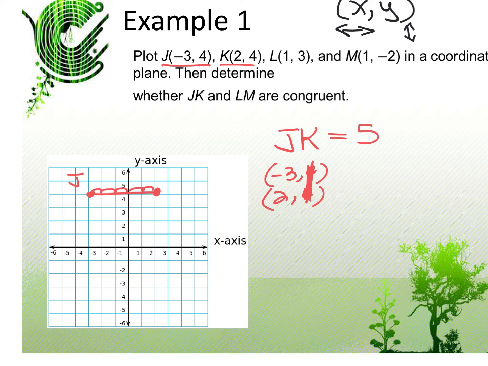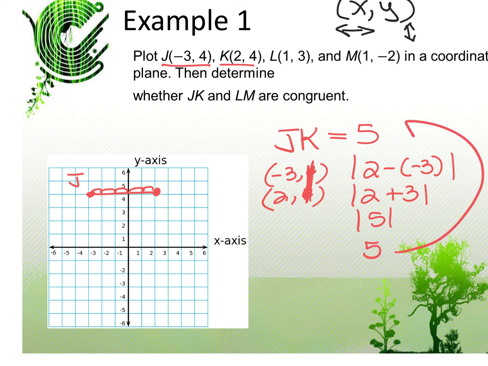And then we could do the difference of the coordinates and then take the absolute value. So JK would be 2 minus -3, absolute value. So keep, change, flip this. 2 plus 3 is 5. Absolute value of 5 is 5. So same answer I got when I counted the little squares.